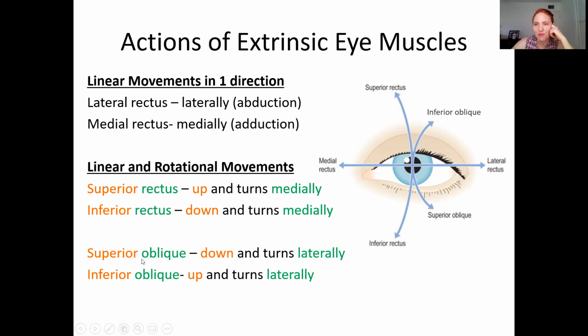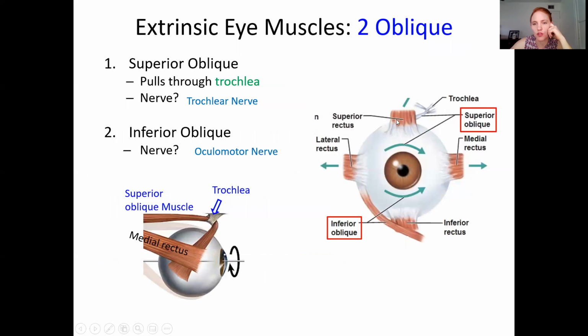Now, here's where it gets a little more challenging. We're going to step up our game here. For the superior and inferior oblique muscles, because they are oblique at an angle like that, that's going to change how they rotate the eye. So for the superior oblique, just to review, that's this one right here, look at the tendon.